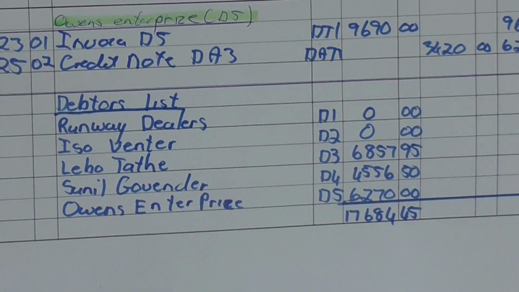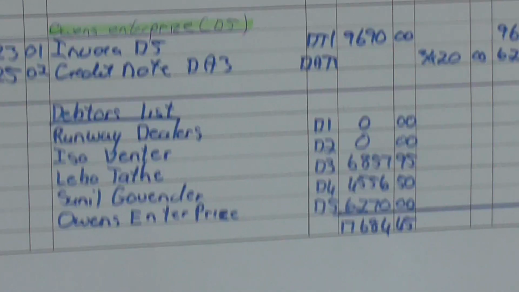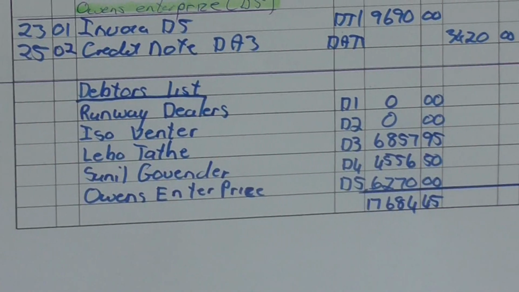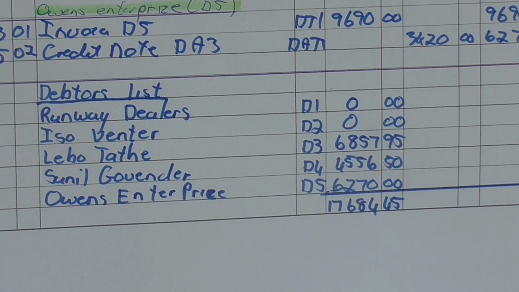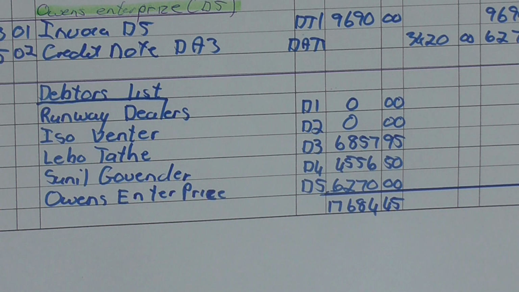So if your debtors control general ledger account and your debtors list totals balance, you did it correctly and you are balancing.